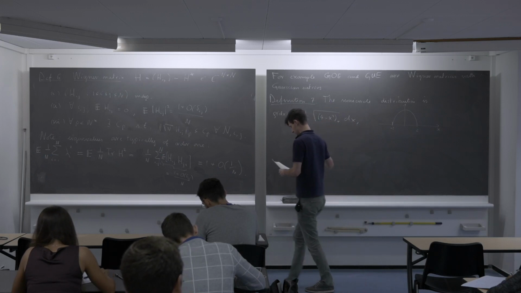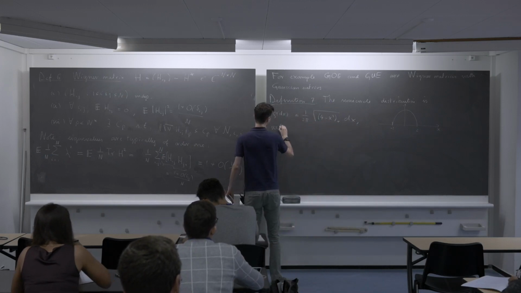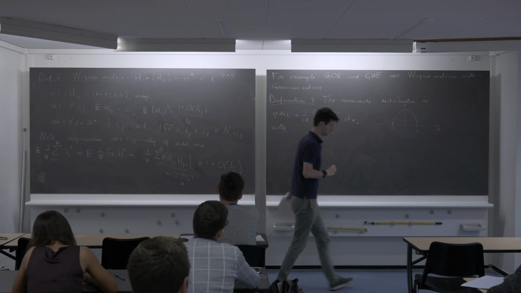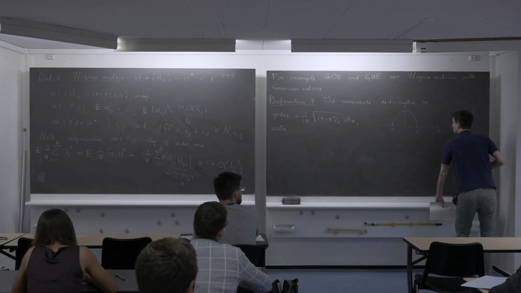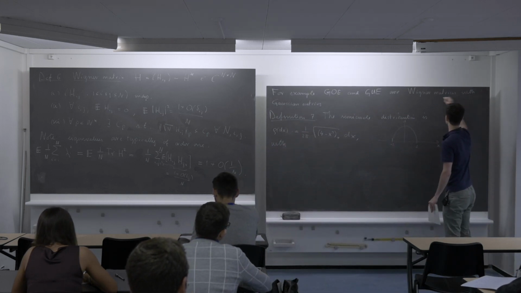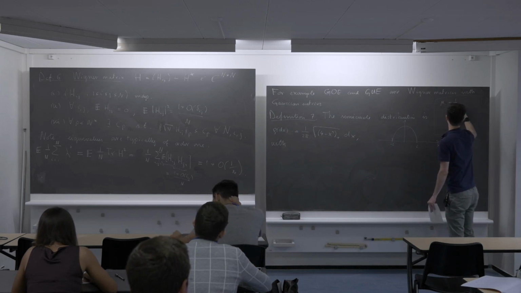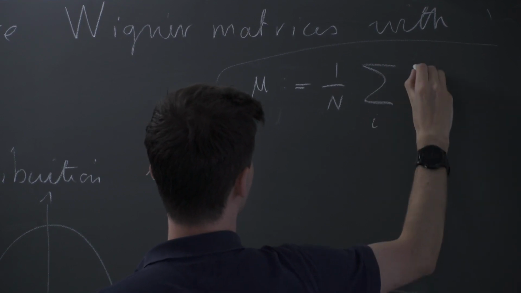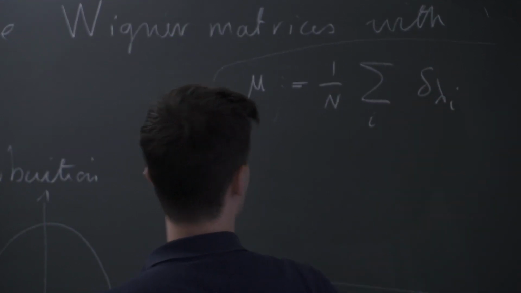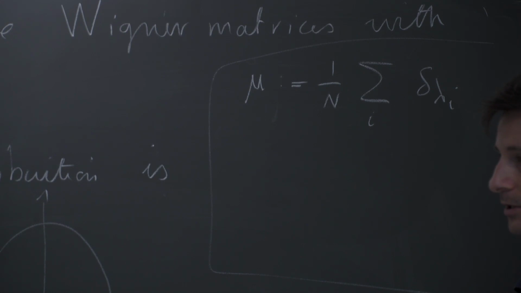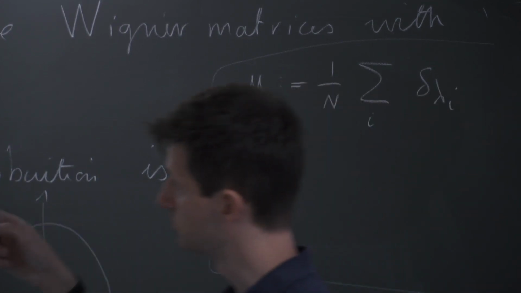And the Stieltjes transform, if you recall, we had these conventions which I will stick to throughout the course. This is just reviewing notation from last time. mu was the empirical eigenvalue measure of the matrix H. And from now on, H is going to be a Wigner matrix.